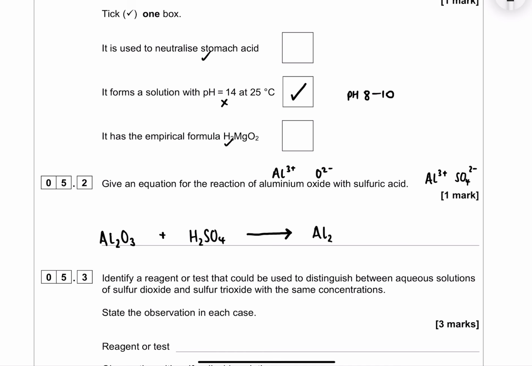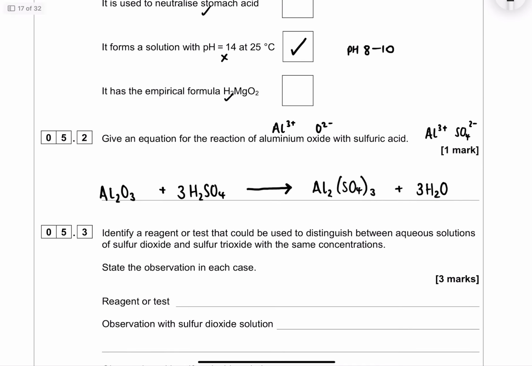So to balance the 3 plus and the 2 minus, we'd need 2 of the 3 pluses and 3 of the 2 minuses. So that would be our formula of aluminium sulfate. And acid plus base makes salt plus water. Then we'll need to balance our equation with 3 sulfates, and that's why we'll get the 3 waters.